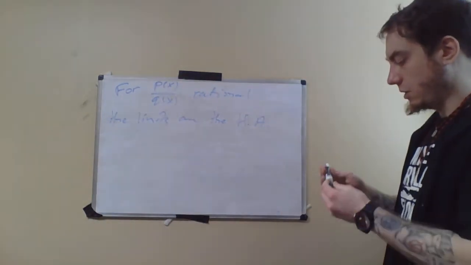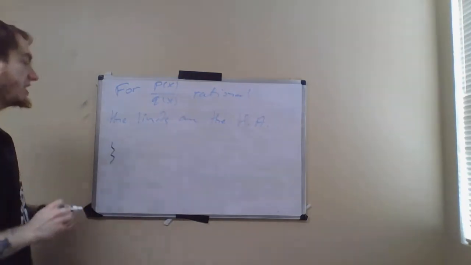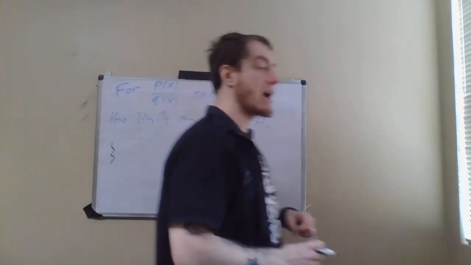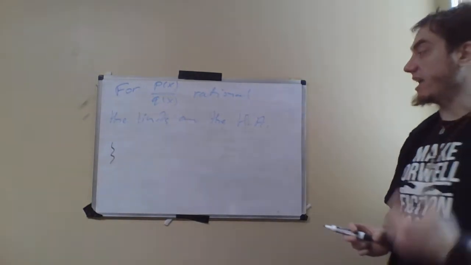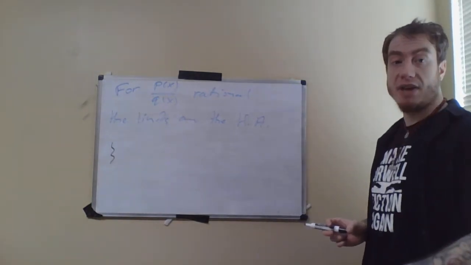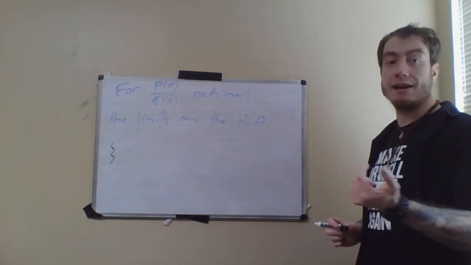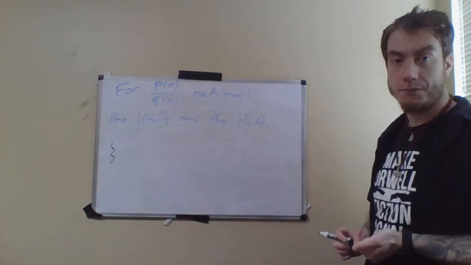Well, what you do is you take your two functions and you multiply on the top and the bottom by the largest power of x that shows up, and then you ask yourself whether that comes out to be a finite number.